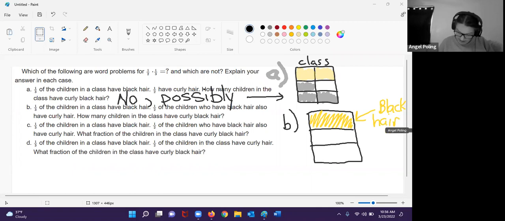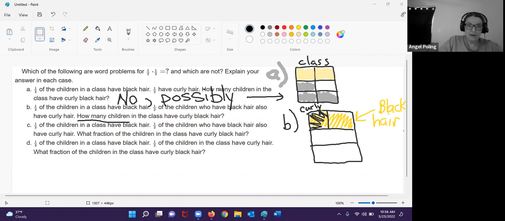And half of those also had curly hair. So we do have a quantity of half of 1/3, but then they ask us how many children in the class have curly black hair. We don't know how many children.